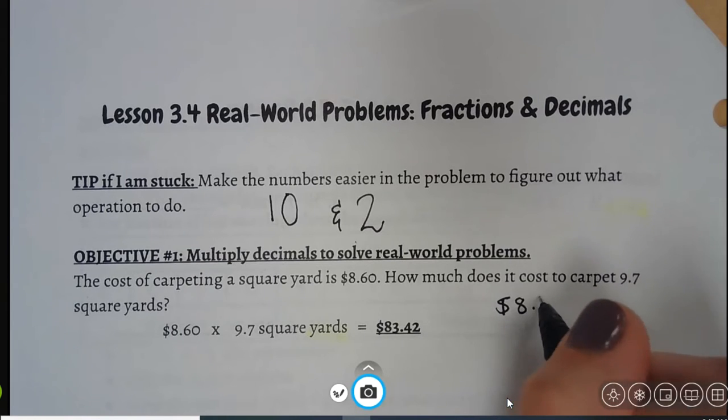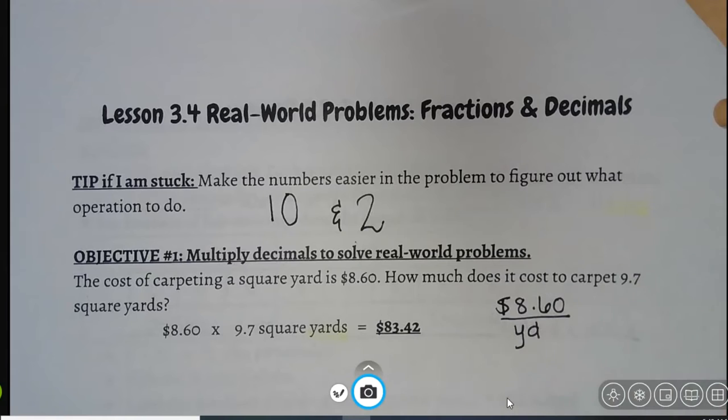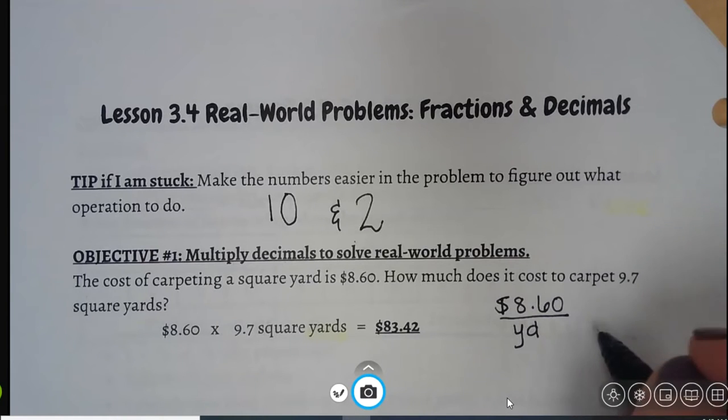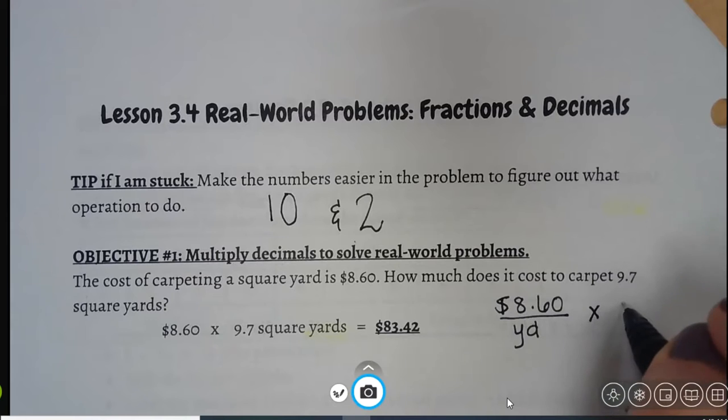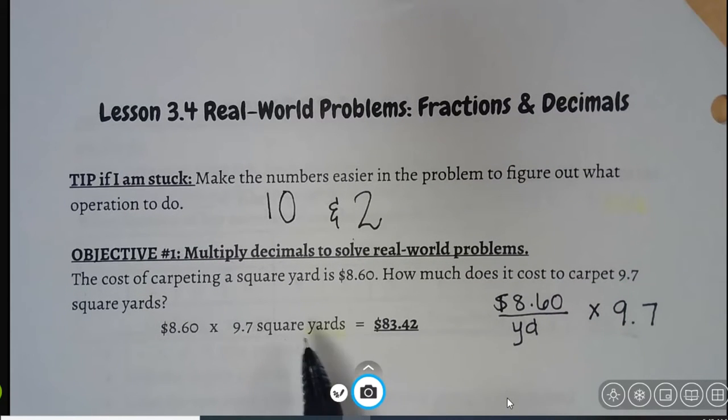So it's $8.60 per 1 yard that I carpet. How much does it cost to carpet 9 7/10 square yards? So I'm just going to take $8.60 times 9 7/10 square yards.